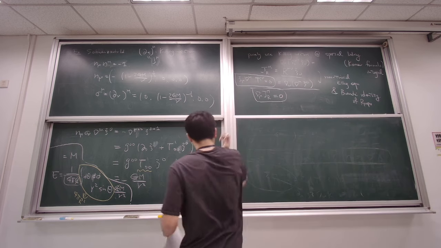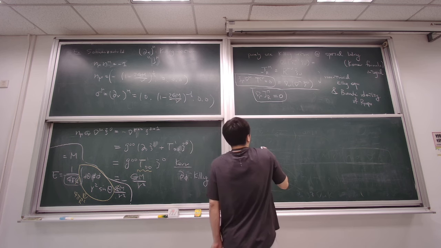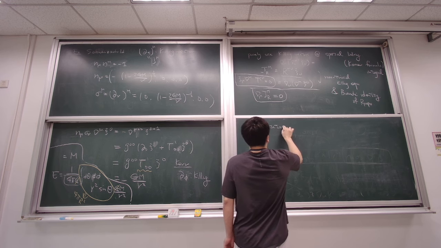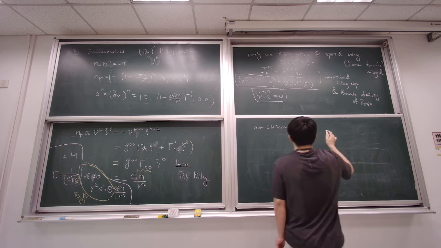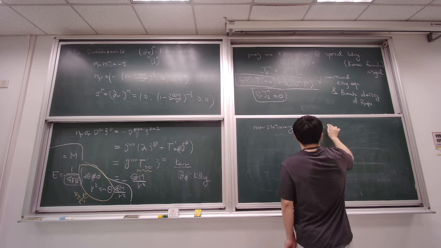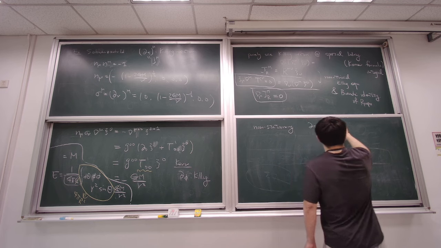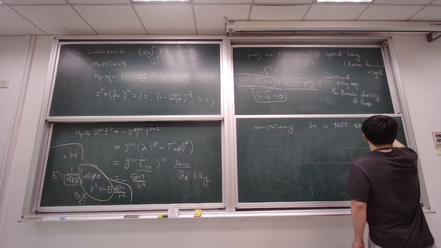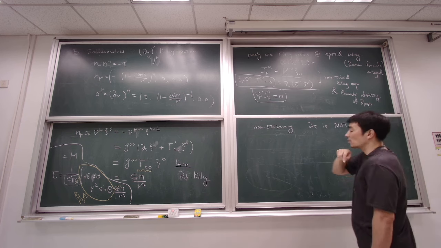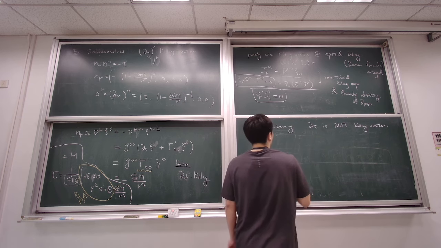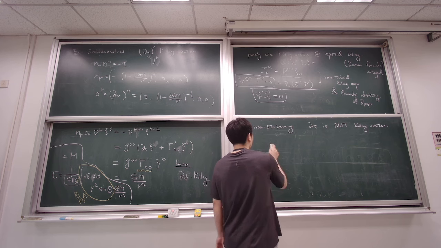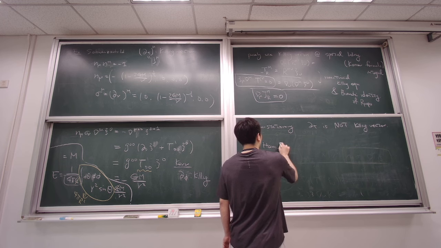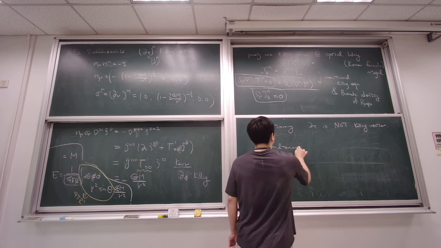Okay, but if it is non-stationary, non-stationary means del T is not a Killing vector. It's not a Killing vector, so one cannot define energy, but there still must exist a Hamiltonian in the field theory.